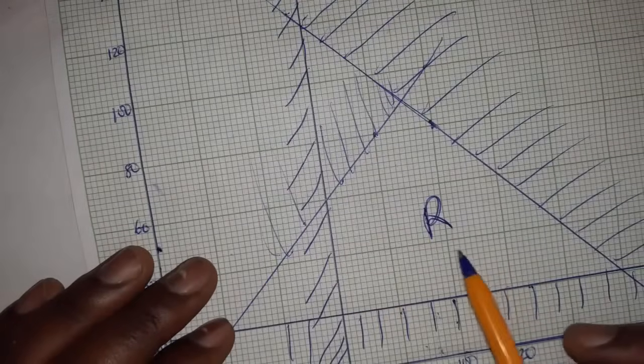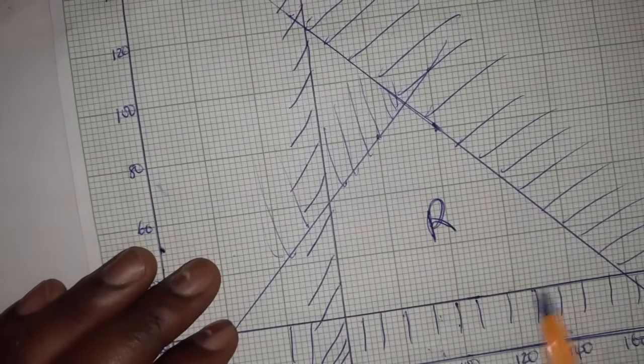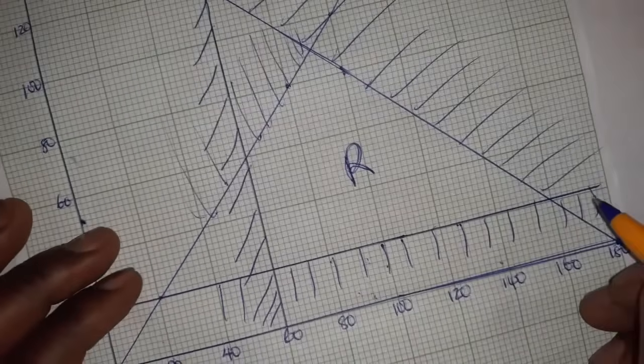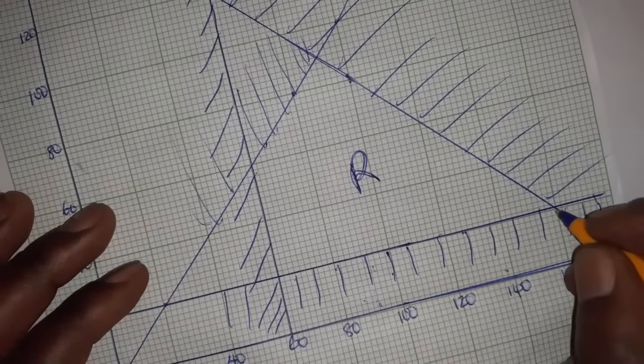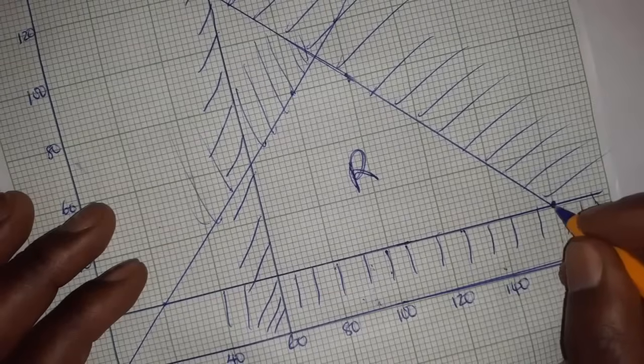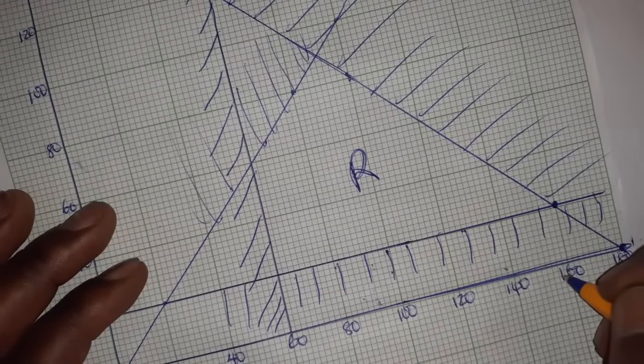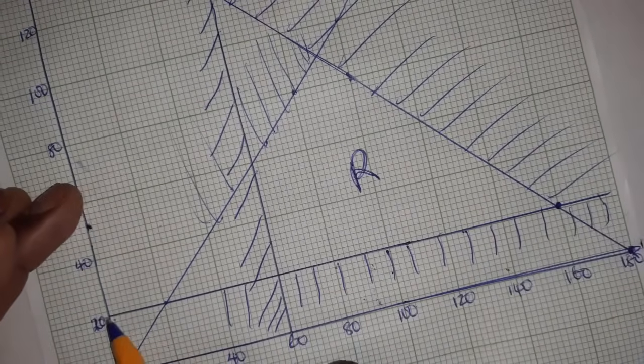Have you seen this region? Then we get the coordinates at the corners of this region. What are the coordinates of this region here? It is (160, 20).